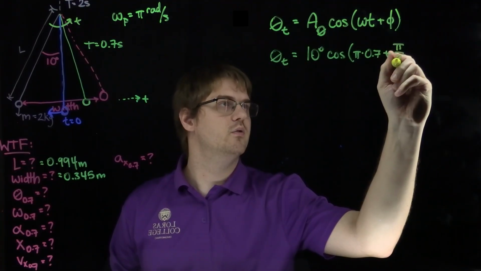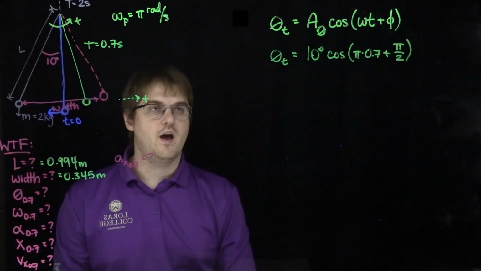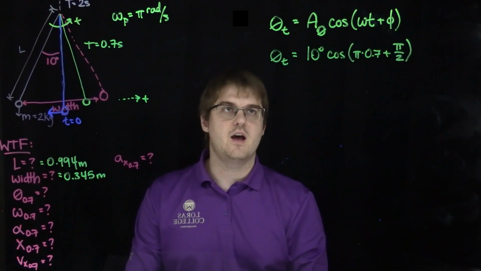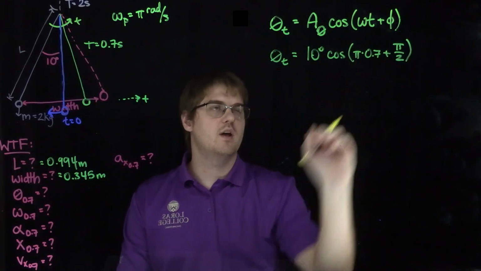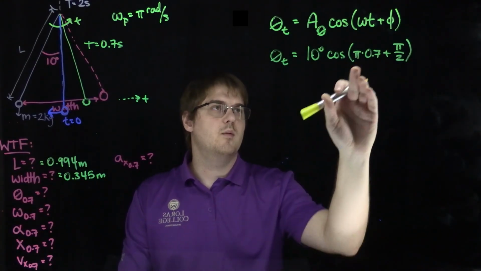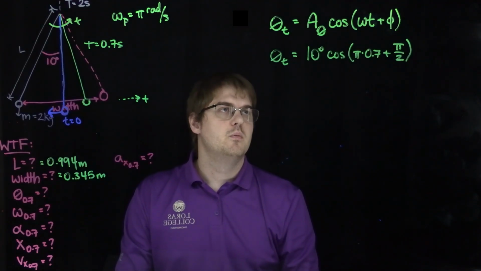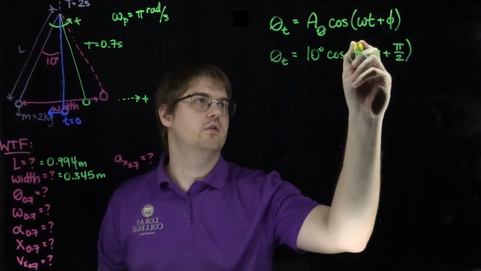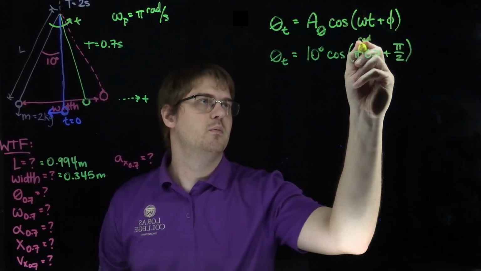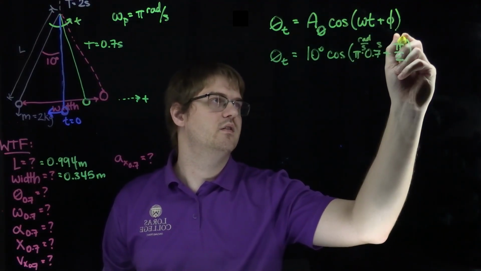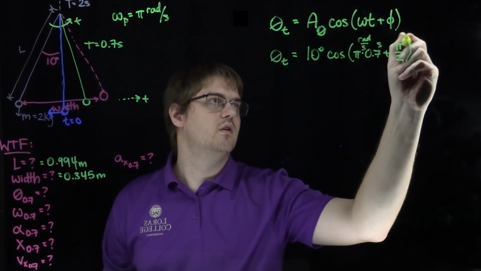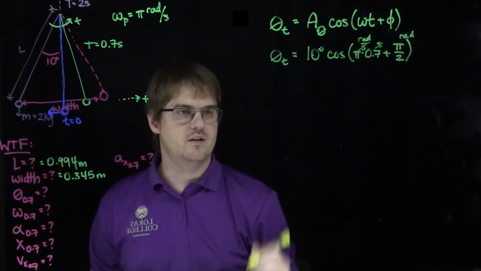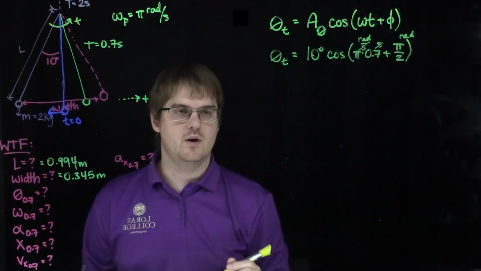So pi over 2. So we've got theta at the given time is going to be 10 degrees times cosine of pi times 0.7 plus pi over 2. This is radians per second, this is seconds, and this is radians. So radians, seconds cancel, and this is already in radians.